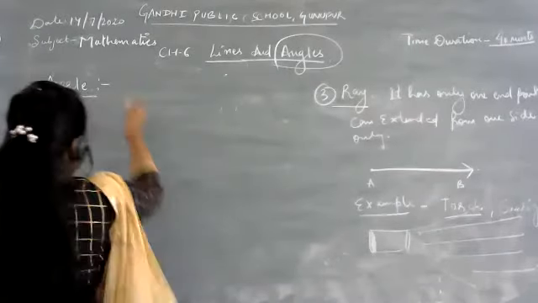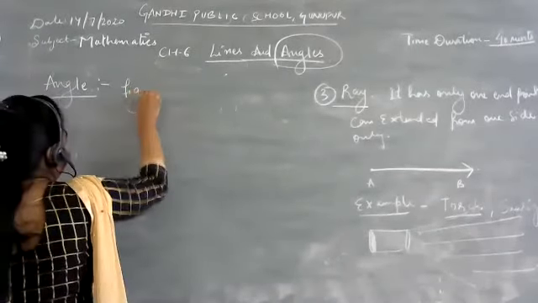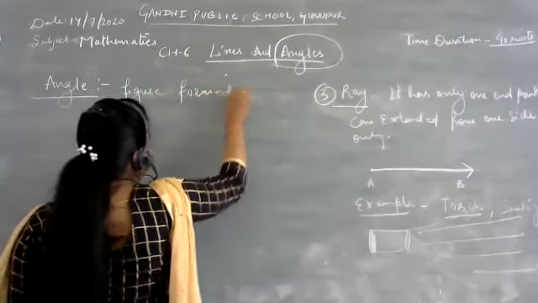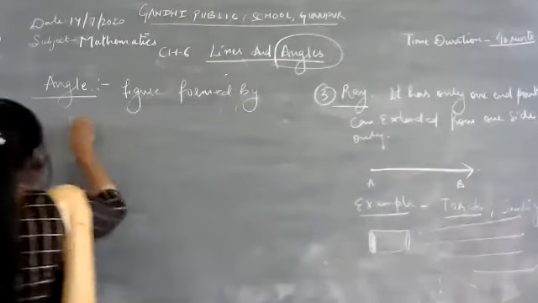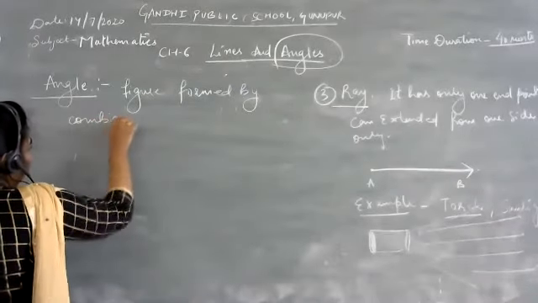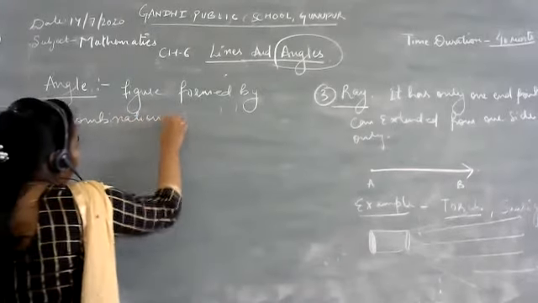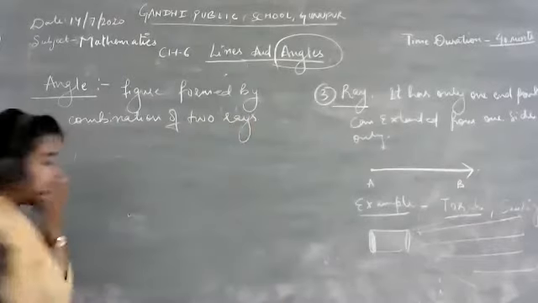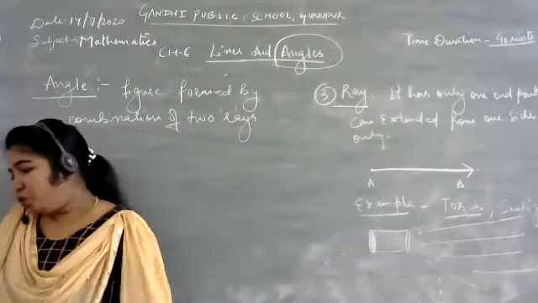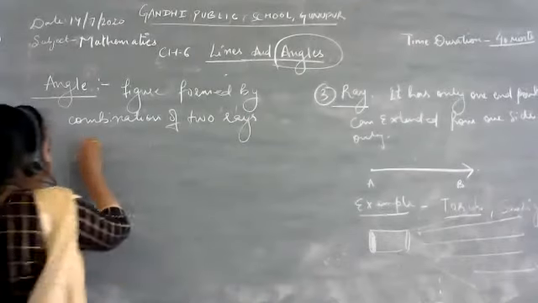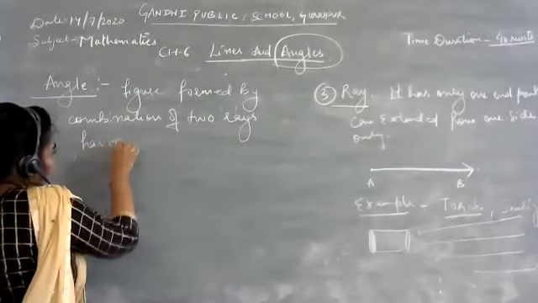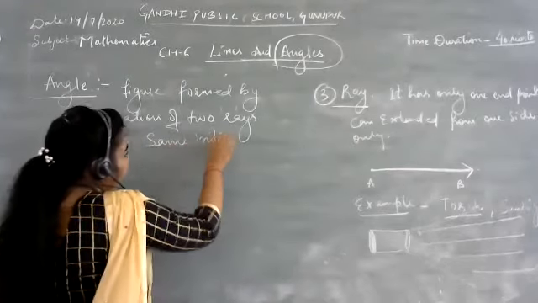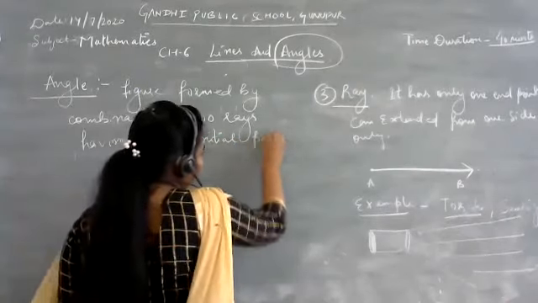Angle is a figure formed by the combination of two rays having the same initial point.